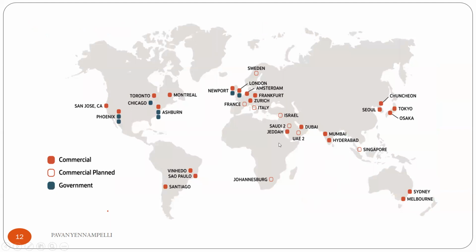These are the current regions where the OCI services are hosted. In India we have Hyderabad and Mumbai, and in the same way we have a lot of other regions. Some are commercial, some are government. There are different types of regions. This is overall how regions look across different countries.